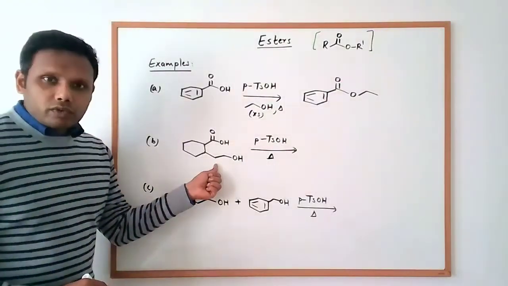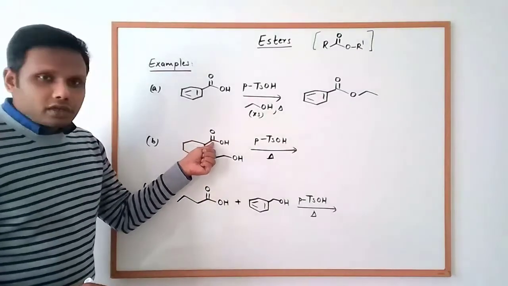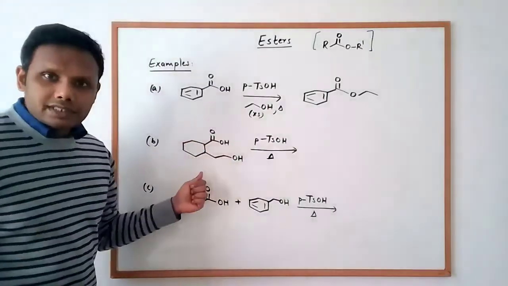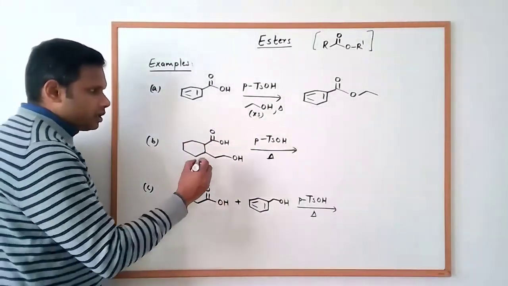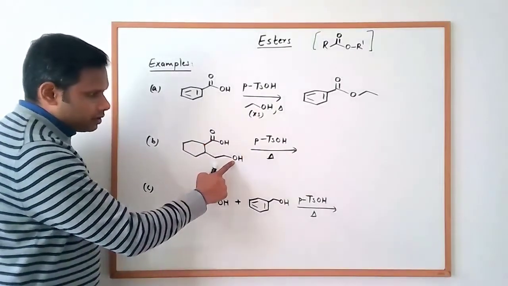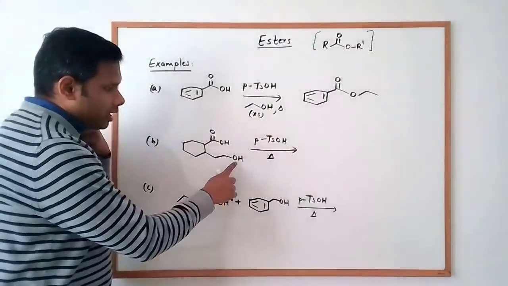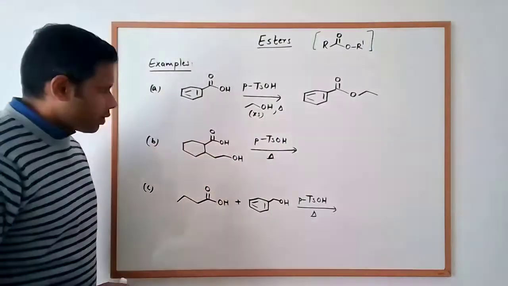In the second example over here, I have a molecule which has both a carboxylic acid group and an alcohol group within the same molecule, and we are reacting it with an ester. In this particular case, if you work on it mechanistically, the ester oxygen would get connected to the acyl carbon in your product.